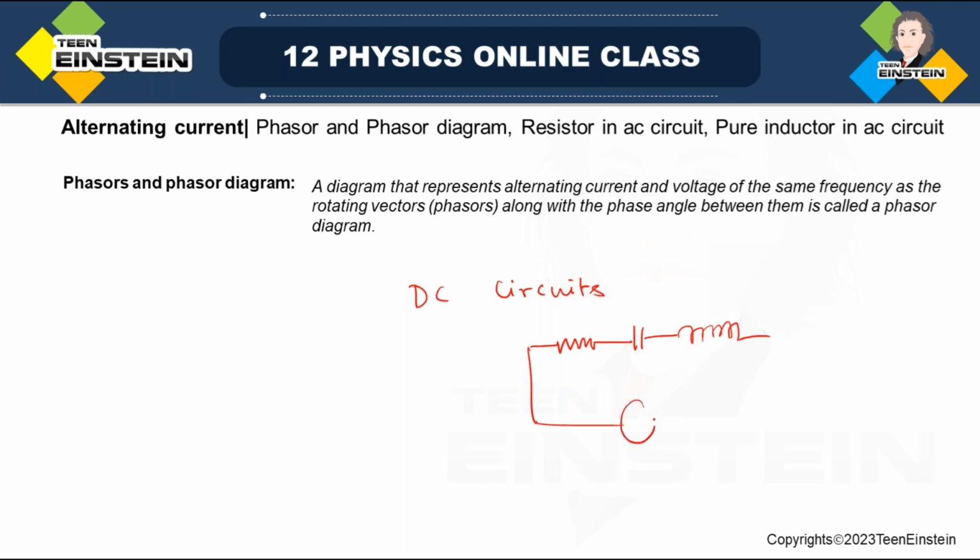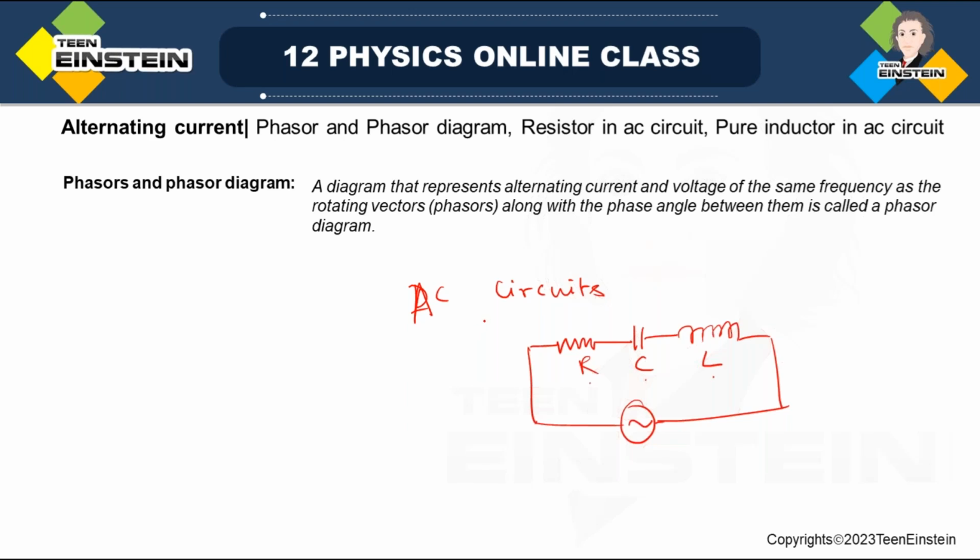When we pass an AC signal in a circuit containing a resistor, capacitor and inductor together, or any two, at least multi-component, these are called electrical components: a resistor, an inductor of inductance L, a capacitor of capacitance C. So when we have multiple electrical components in an AC circuit, in a DC circuit we know what happens.